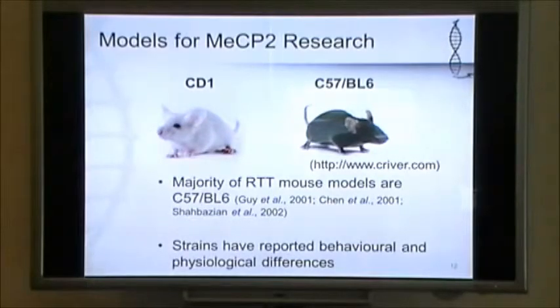Two mouse strains that are commonly used for MECP2 research are the CD1 and BL6 mice strains. The main difference between these two is that the CD1 is an outbred mouse, which means that we'll have a greater degree of genetic diversity, making it better for things like toxicological studies, whereas the BL6 mouse is inbred, therefore having a reduced genetic diversity, making it better for genetic manipulation studies.